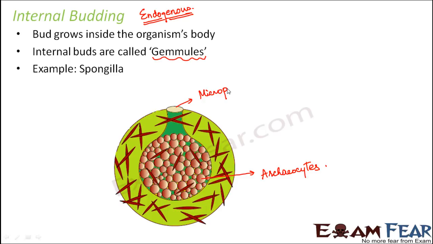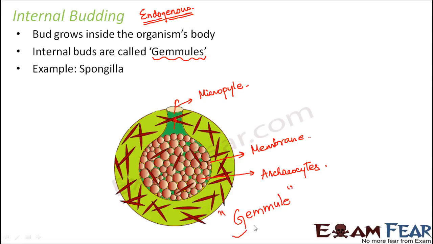During favorable conditions, these gemmules come out through the micropylar end and then form a new colony. Here you can also see the protective membrane which encloses the archaeocytes, and this entire thing is the gemmule.